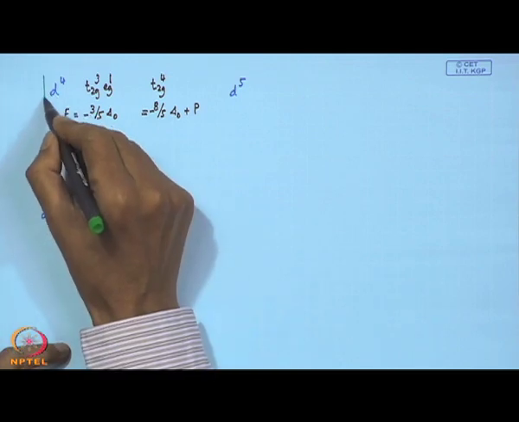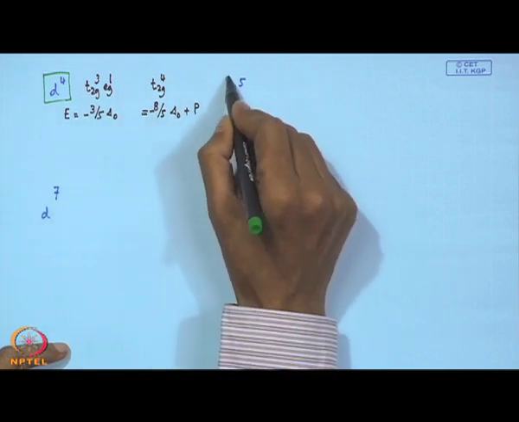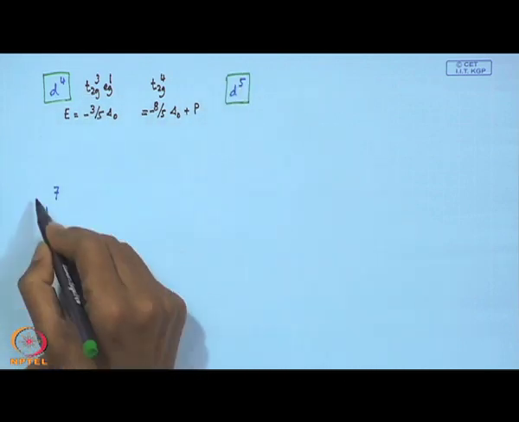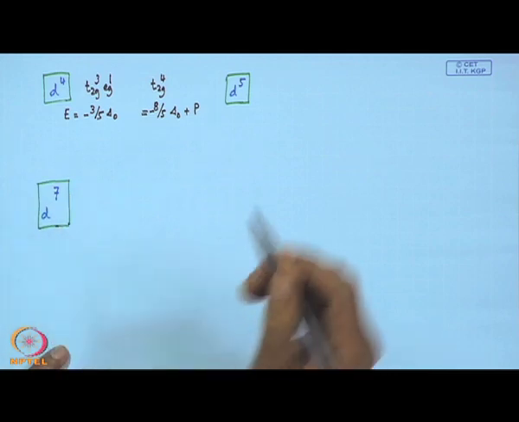Similarly, for the D5 configuration, and we will calculate for D7 also.